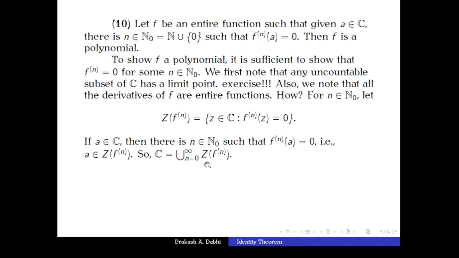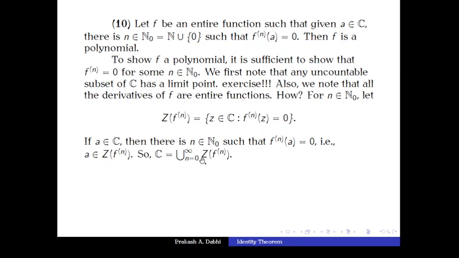Now we claim that at least one of these sets Z(f^(n)) is uncountable. If all these sets are countable, then a countable union of countable sets is countable, that is known to us. So the union will be countable, but that means C is countable. That is not true, since we know that C is uncountable.